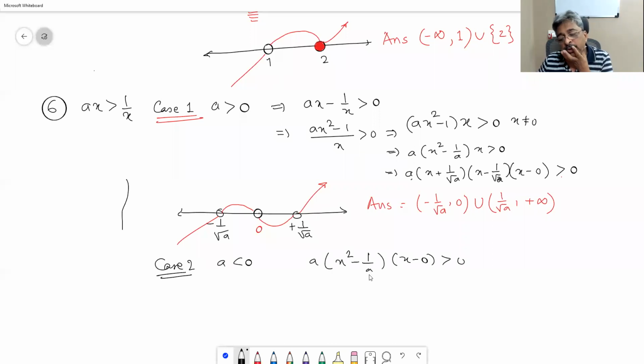Now a is negative, therefore this bracket is always positive for every value of x. The leading coefficient is negative, which is as good as minus. Suppose we take a equal to minus 1, then it is minus x. Minus x is going to be greater than 0, and therefore the solution set is all values smaller than 0.